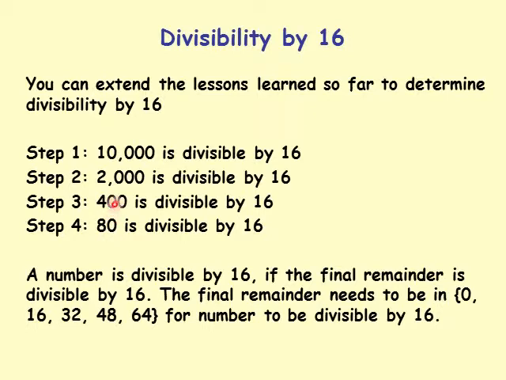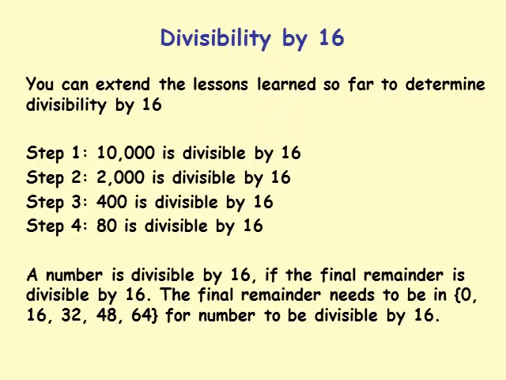Step 4: 80 is divisible by 16, and from the remainder left over from step 3, we take out all the 80s we can, and what's left over is the remainder of dividing by 80. That is what you need to worry about: whether it is divisible by 16.